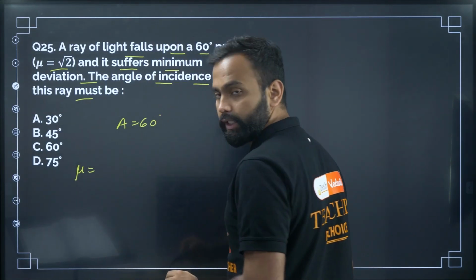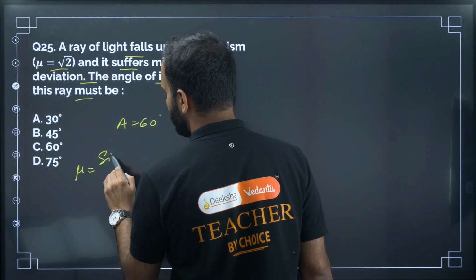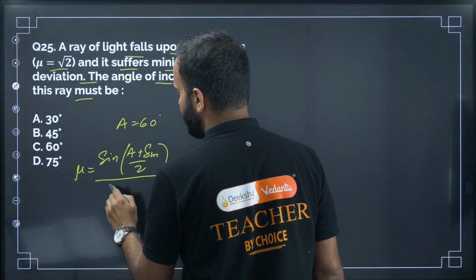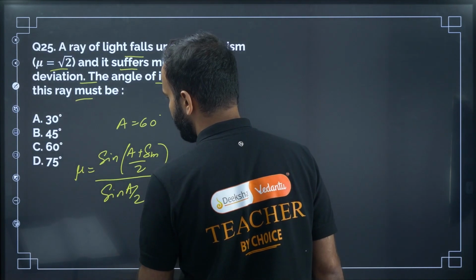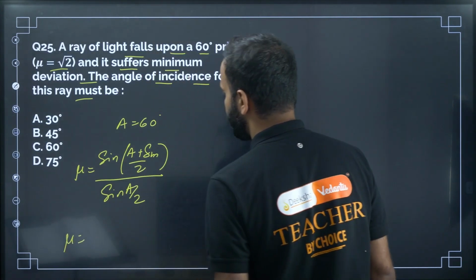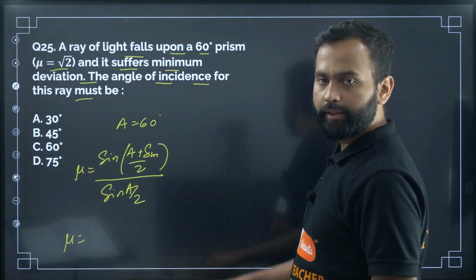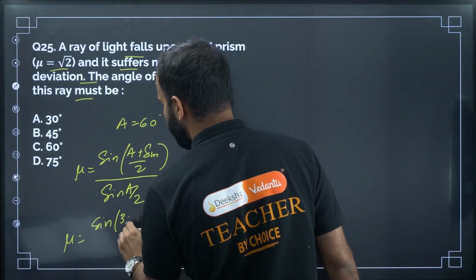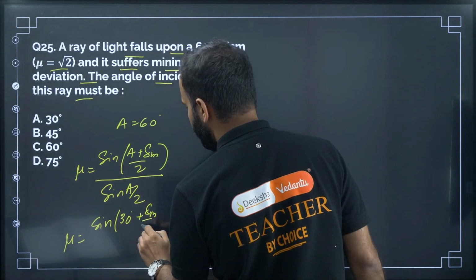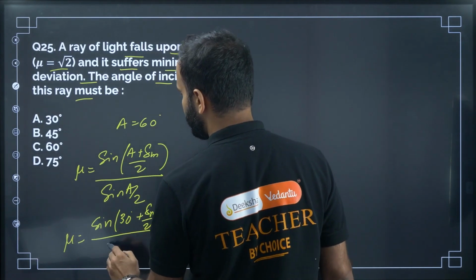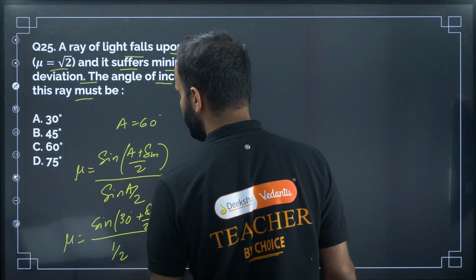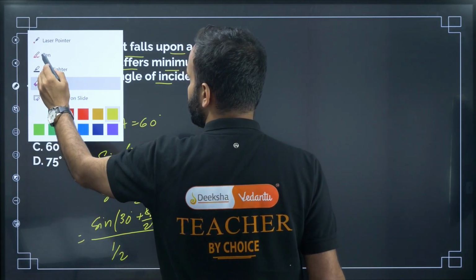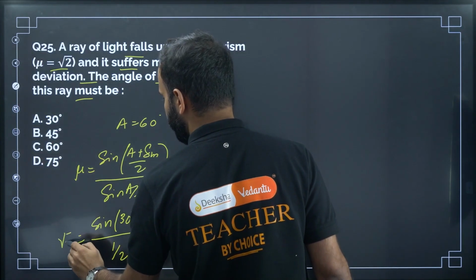So refractive index of the prism mu is equal to sine of (A plus delta m) divided by 2, divided by sine of A by 2, right? So now mu is equal to, here A is 60 degree, so sine of (60 plus delta m) by 2, divided by sine of A by 2, that is sine 30 degree. Sine 30 degree is 1 by 2. Here mu equal to root 2.